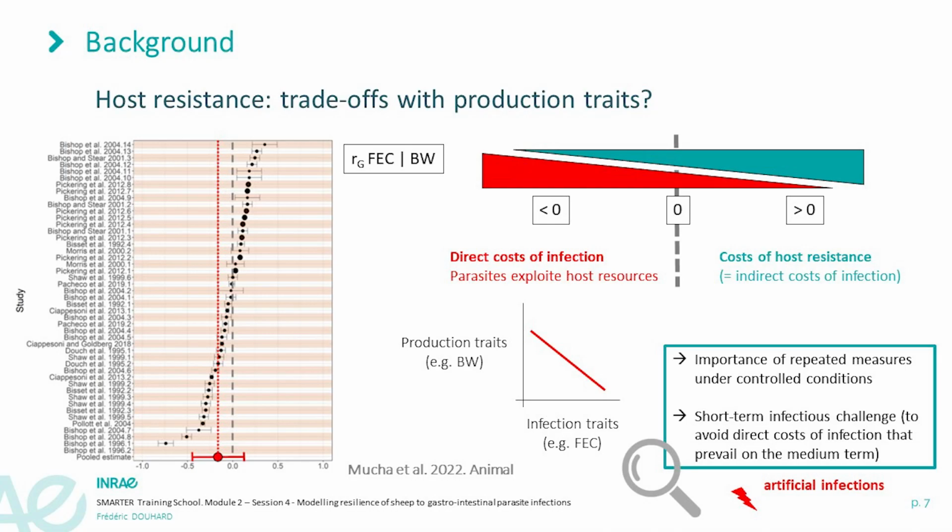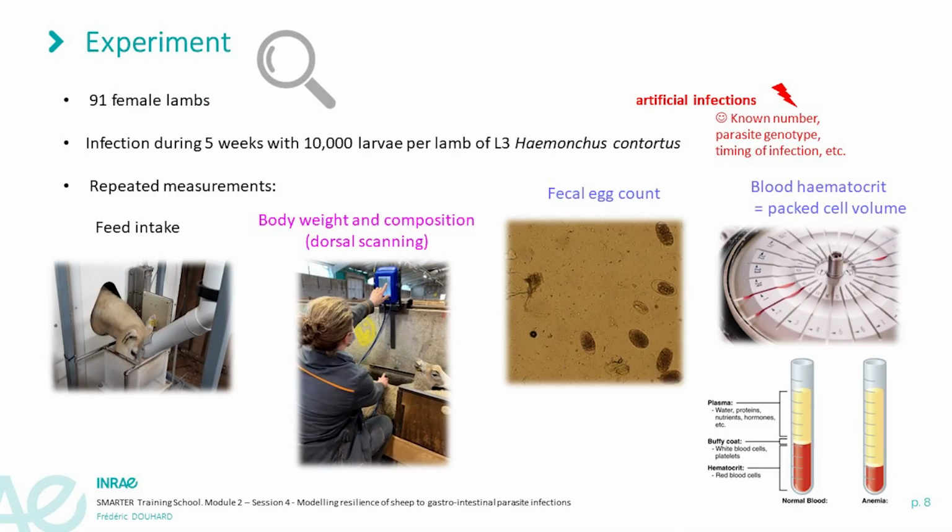So if we want to measure the resistance costs, it's better to have a repeated measurement and a short-term infectious challenge. And this is why we use the protocol of artificial infections to try to measure the cost of resistance. So in this experiment, we used 91 female lambs, and we used an infection of 5 weeks, the same protocol that I showed you before, with 10,000 larvae of Haemonchus contortus.